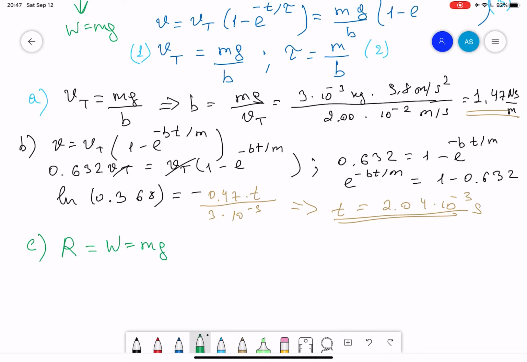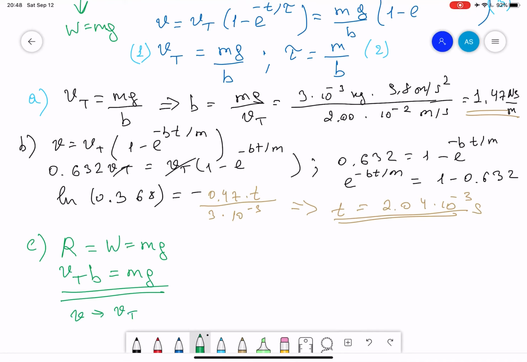This is true when your velocity reaches the terminal speed. So R is equal to v terminal multiplied by b, which is equal to mg. This equation is valid only when v is approaching the terminal speed.